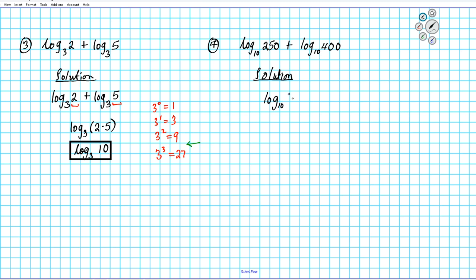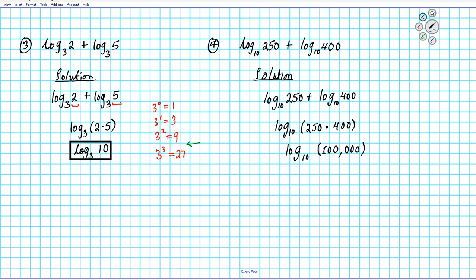Log base 10 of 250 plus log base 10 of 400. When you add logs, it is equivalent to finding the product of the log arguments in the regular world. So it's log base 10 of 250 multiplied by 400. When you multiply those numbers, you have log base 10 of 100,000.